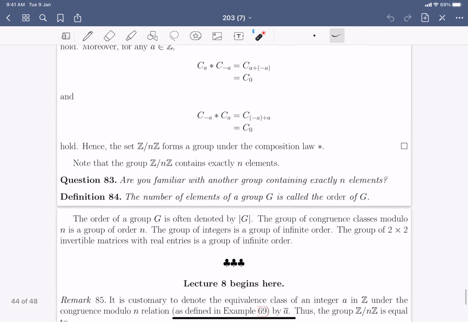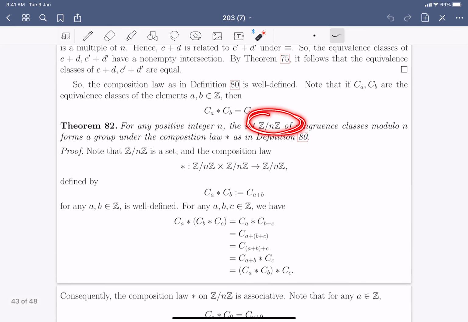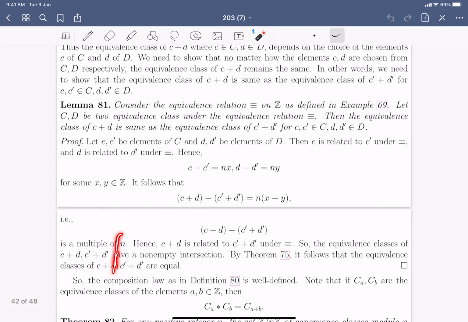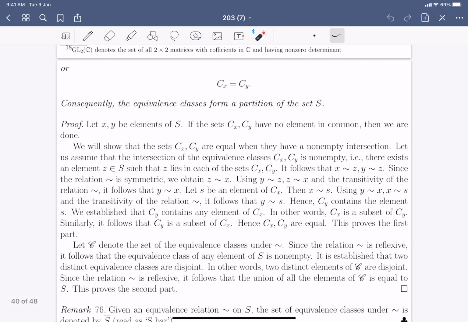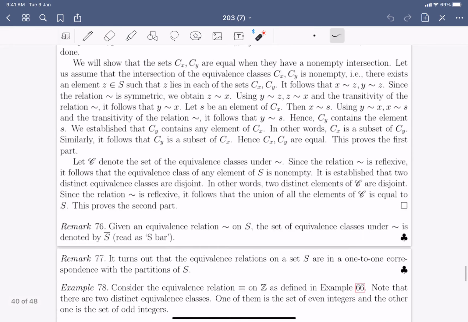Let me mention that this group Z mod nZ will be appearing over and over again in this course. So please go through these arguments, and the notion of equivalence relation is of fundamental importance in mathematics, not only in group theory.